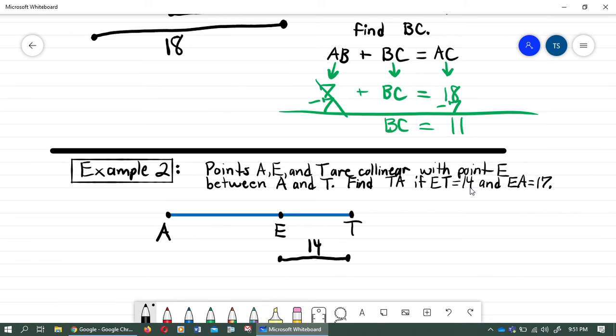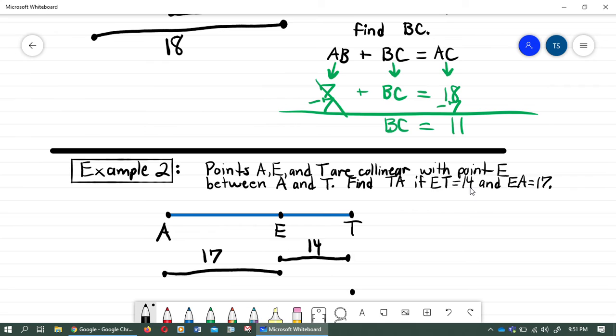They tell you that EA is 17. So the length of EA is 17. So you've got this part is 17, this part is 14, and they want you to find the length of TA.